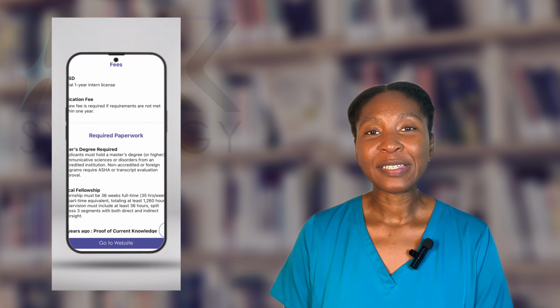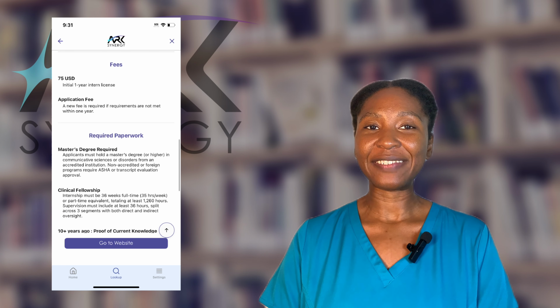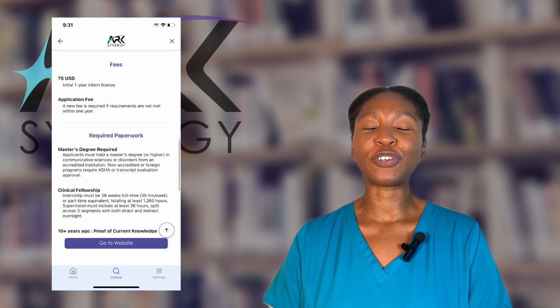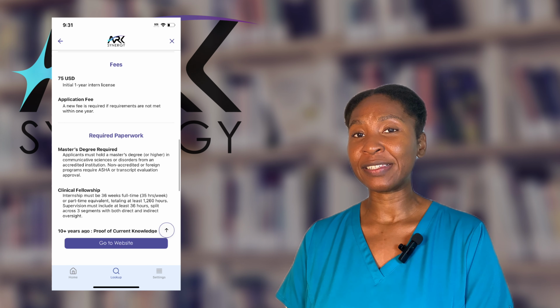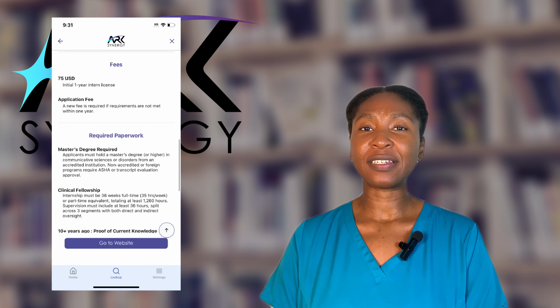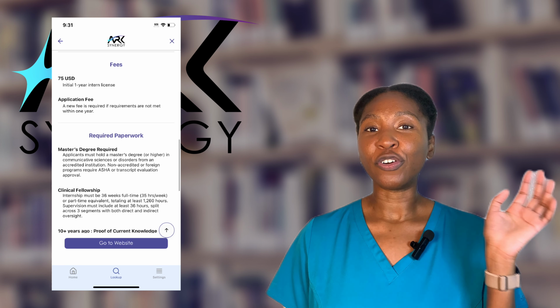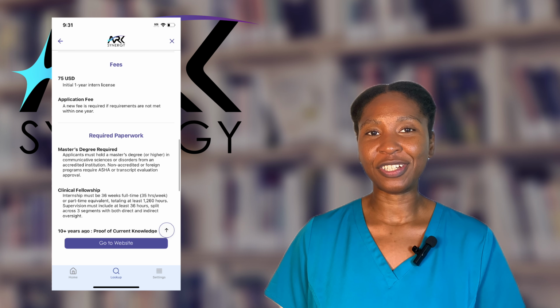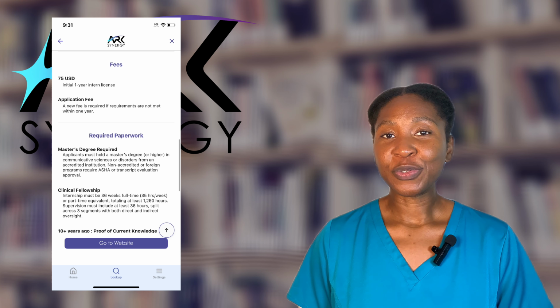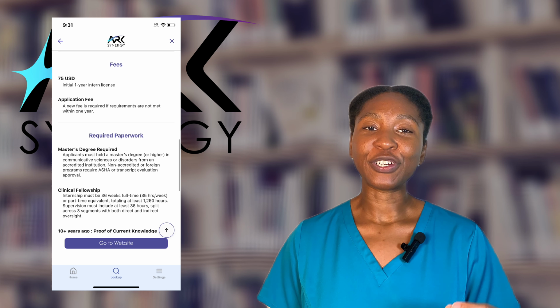So all applicants must hold a master's degree or higher in communicative sciences or disorders from an accredited institution. Applicants from a non-accredited or foreign program must provide ASHA approval or transcript evaluation form. So applicants whose degrees were earned more than 10 years ago must provide proof of current knowledge.